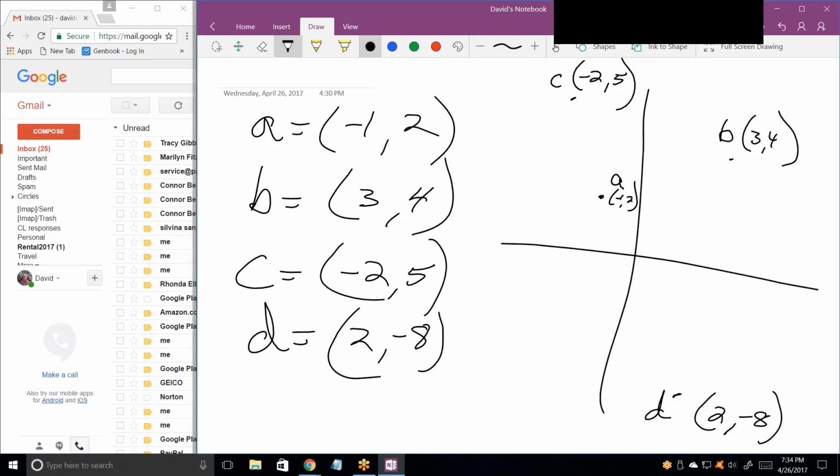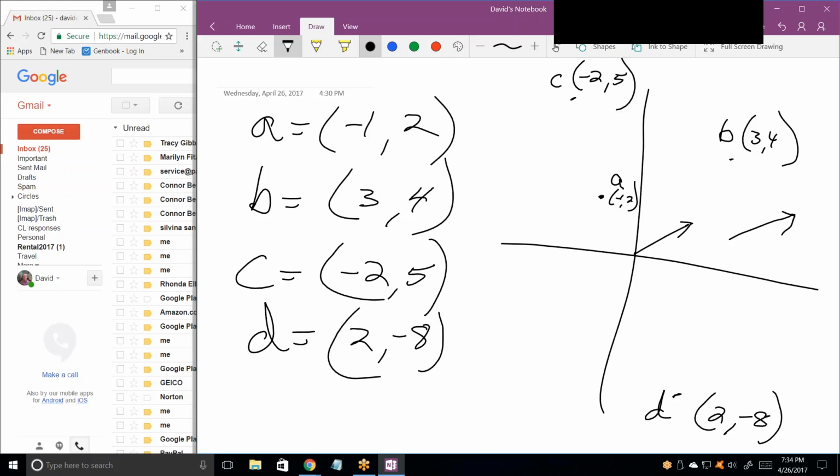Now, what's important to understand about vectors is that if the magnitude and the direction are the same, they are equal vectors. What I mean by that is if I have a vector like this and a vector like this, exactly the same length and exactly the same angle, they are equal vectors.